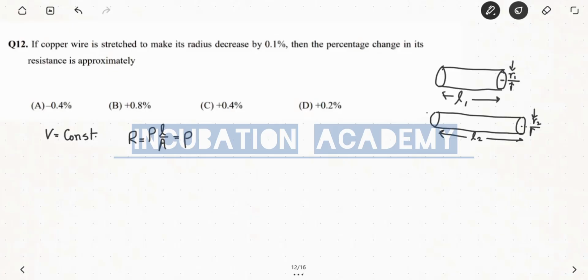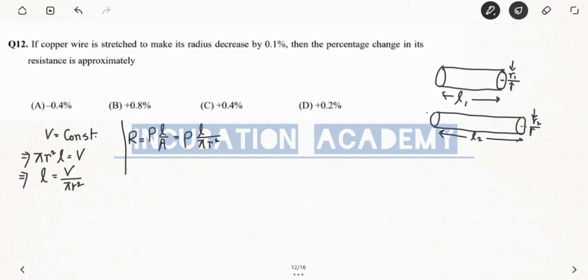So we can replace the cross sectional area by pi r square. Now since V is constant, pi r square multiplied by L is equal to a constant, and that constant is V. So from here L is V divided by pi r square.